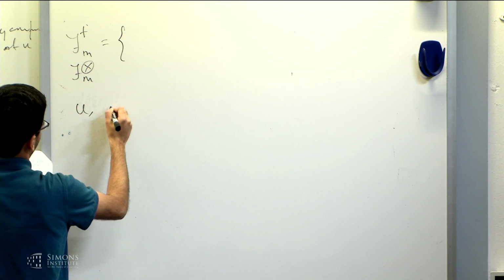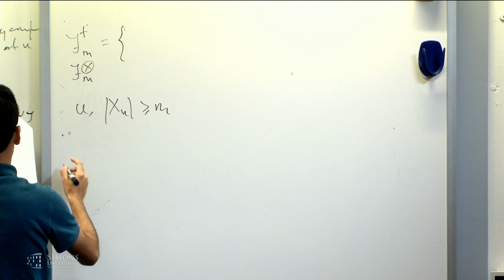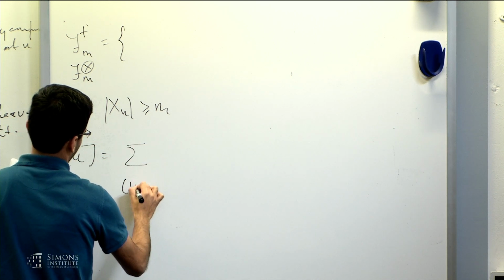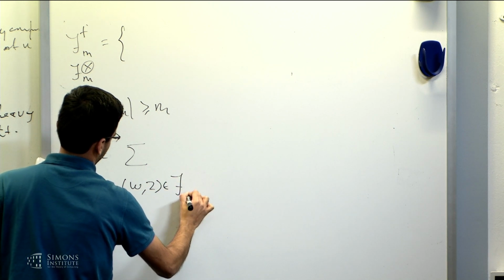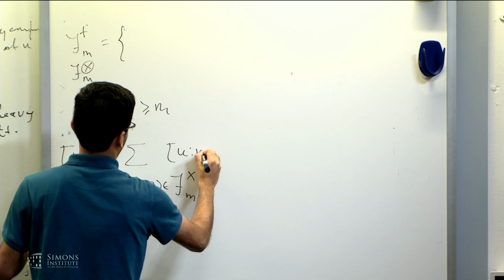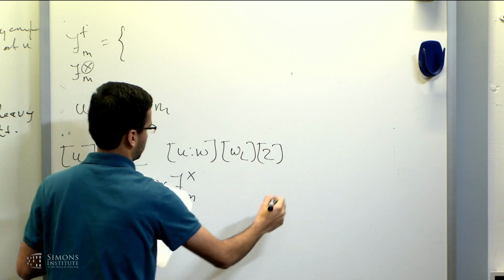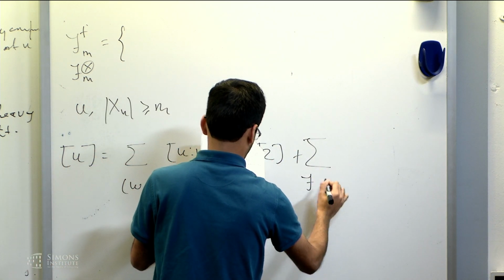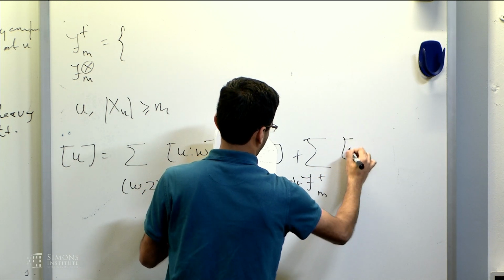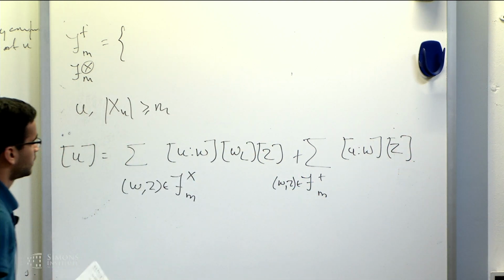If you take u such that x sub u is larger than m, then you can write the polynomial computed at u as follows.